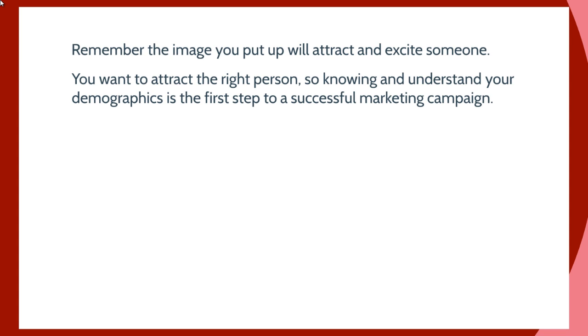So maybe in the article, in the opt-in, in the autoresponder series, you can literally talk to them and say, hey, being a diabetic is hard because you can't eat certain foods, but I want to say that there's certain foods that you can eat and still enjoy life, kind of thing. And that's how you're going to be able to sell.